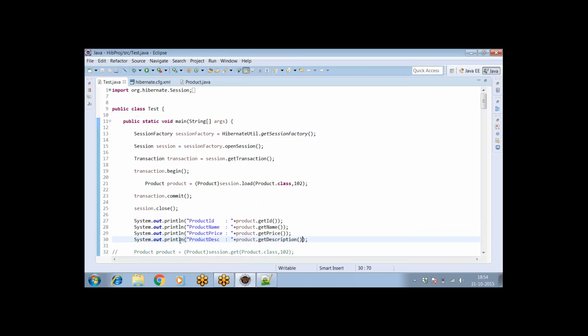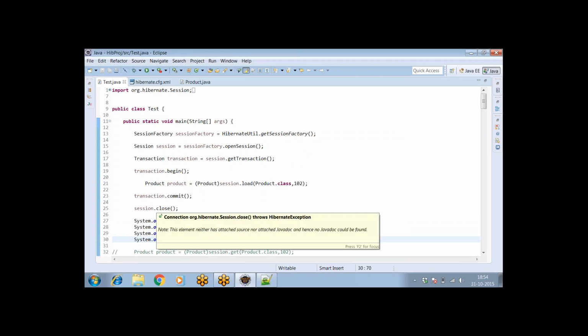You know, that session is mainly responsible for fetching the records from the database server or interacting with the database server.